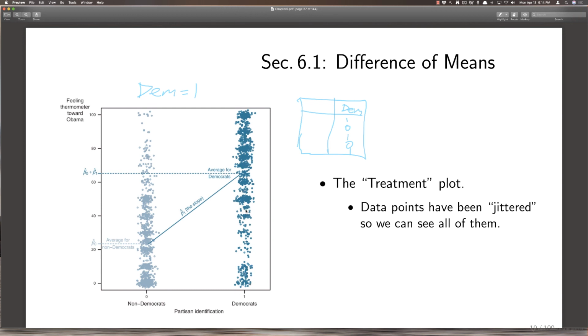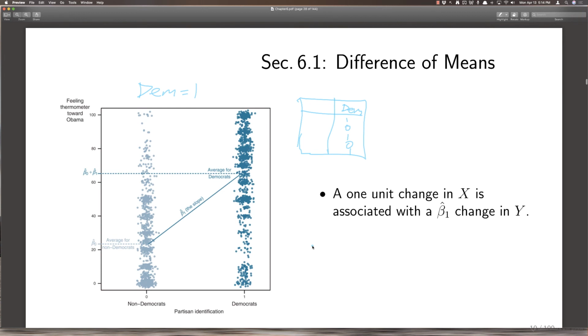So by jittering, we get a better visual representation of where the mass of the data is. And so we're going to see this throughout this chapter where we're going to jitter the data when we display it just so we can see it better, so that all the dots aren't showing up right on top of one another, in which case we can't really tell how many of them there are.